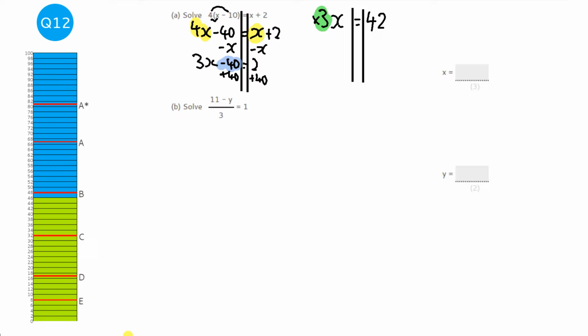So to get rid of it, I need to divide both sides by 3. So I'm going to divide the left hand side by 3 and the right hand side by 3. So leaves me with x. And now I've got to work out how many 3's in 42. Well, I know 3 times 10 is 30. And I know 3 times 4 is 12, so the answer is going to be 14.